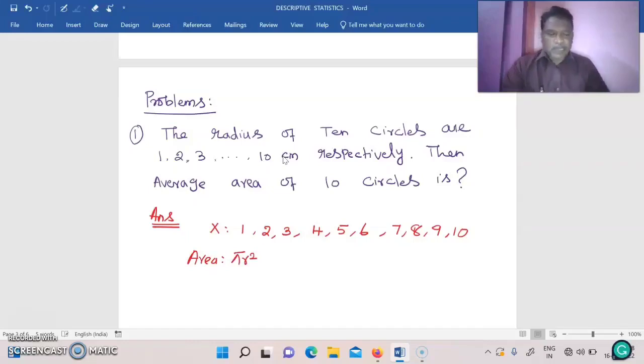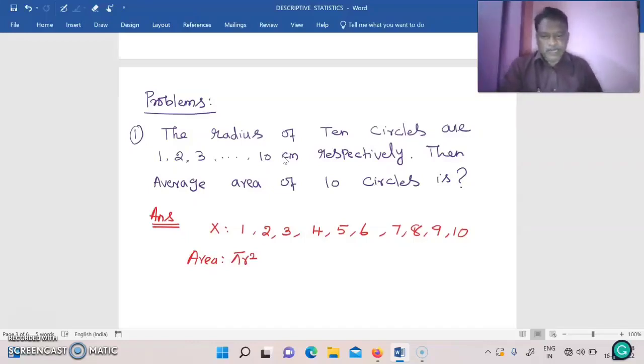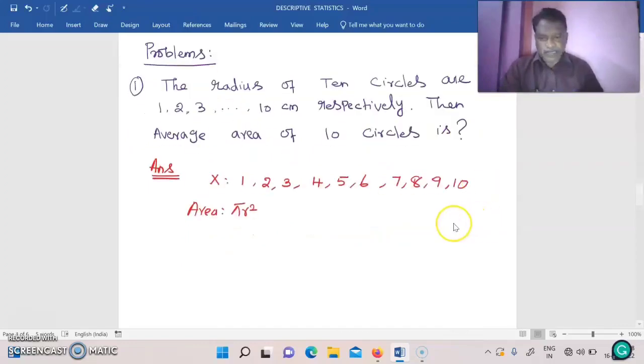So you find the average value for the area of 10 circles. Average area, we call it x bar. x bar equal to the sum of the area divided by the number of values.